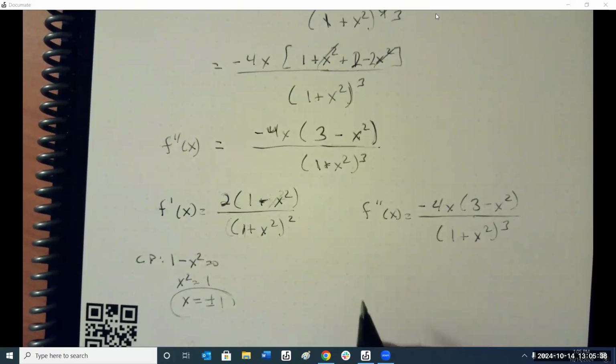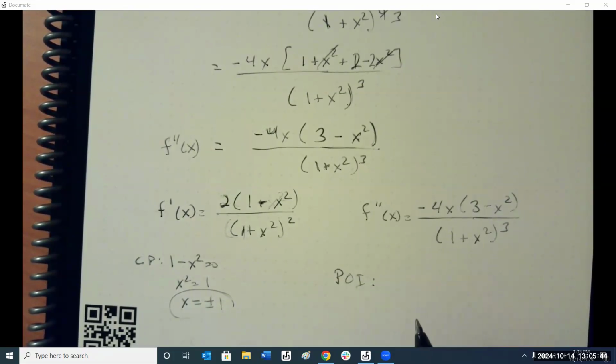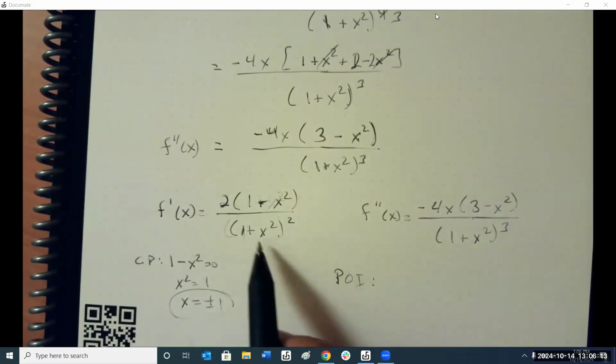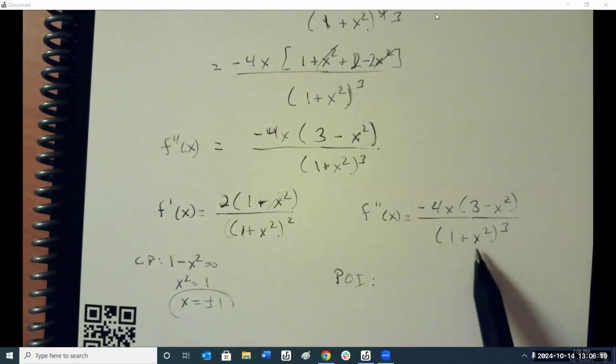Now for the second derivative, the points of inflection. I have to find the max or min for these. The bottom can never be 0, so that's good. It also can't be negative in this case.